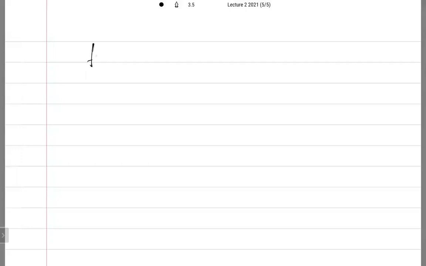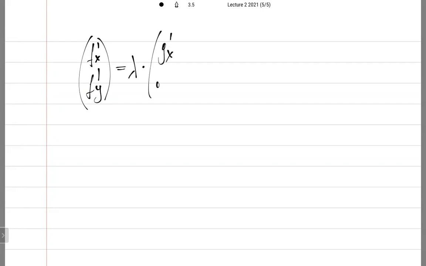So what is the geometry behind the first two equations? f prime with respect to x and f prime with respect to y equal lambda times g prime with respect to x and g prime with respect to y. I have just rewritten it.